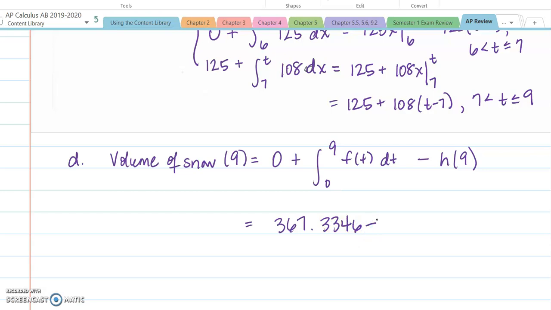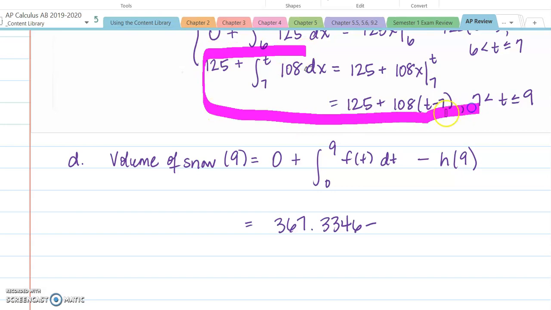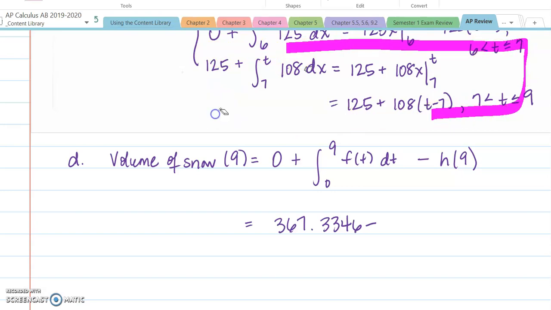H of 9 represents this piece, using this piece, I should say, in our h function. So we're going to subtract 125 plus 108 times 9 minus 7, because it's 2 hours after 7 a.m. where you're removing snow at that rate.